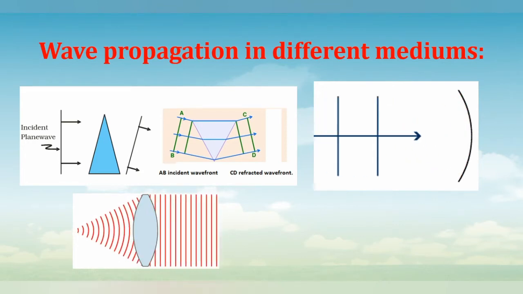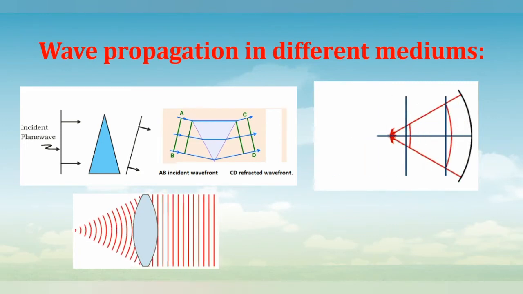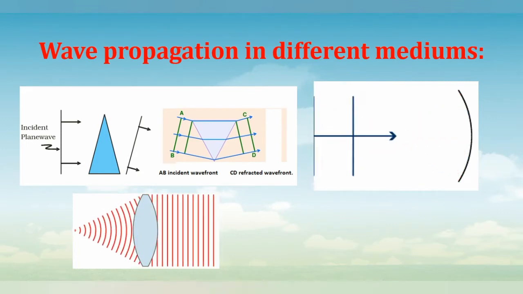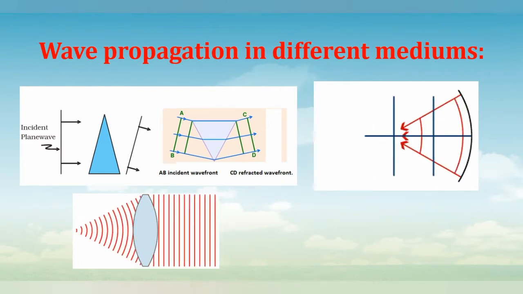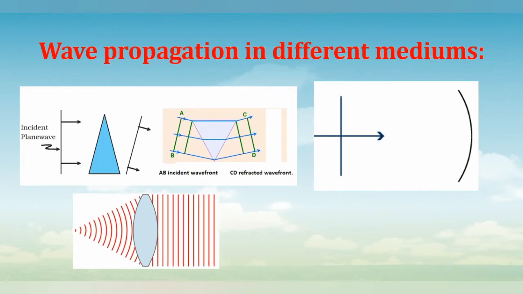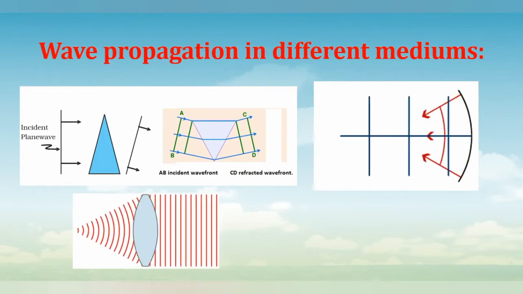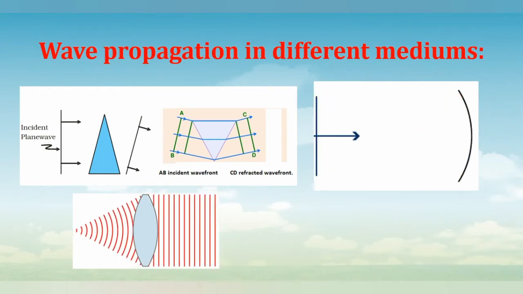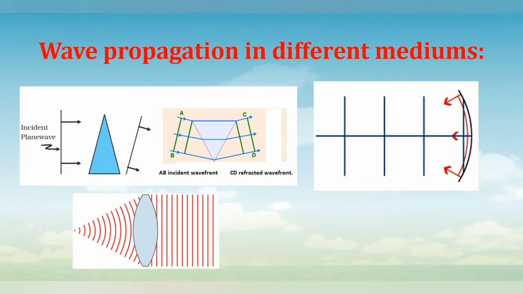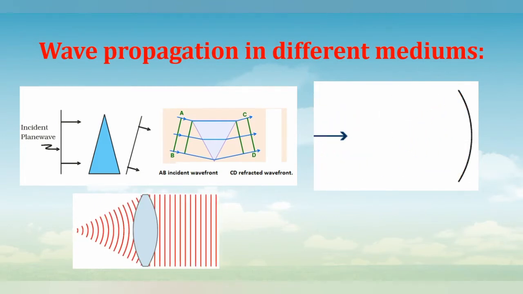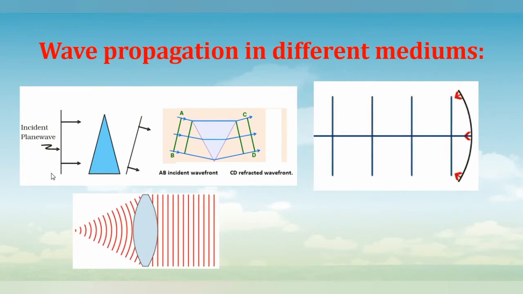Also, let us see what happens when a wavefront is incident on a concave mirror, and let us also see what happens if a wavefront is passed through a double convex lens. In this way we should know how we can explain the concept of waves for different mediums. So let us see the first one.